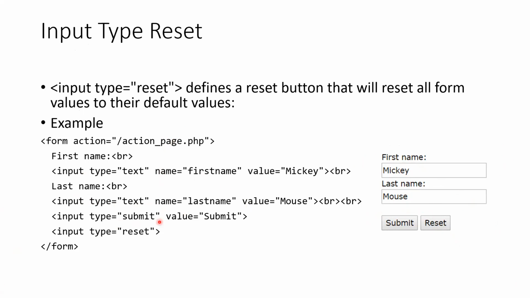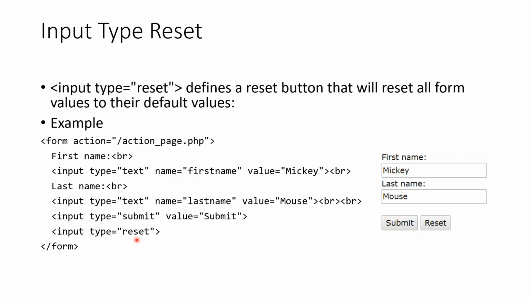Earlier we discussed the submit button, where input type is submit. Likewise, for resetting, we can make use of input type reset. When you click it, it will clear out all the form fields. In this particular case, first name and last name were cleared out so that you can start fresh.